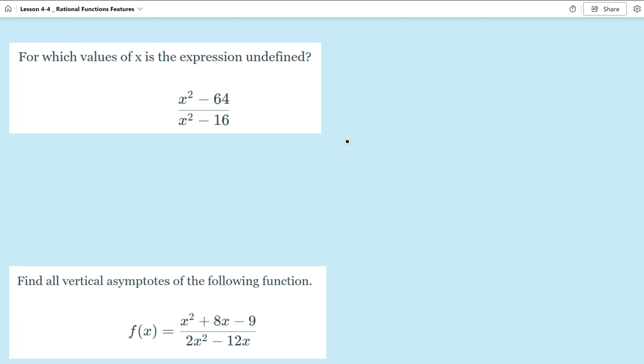So when I asked you to determine what the undefined values are, I'm asking you to find what x values cause our denominator to become 0.